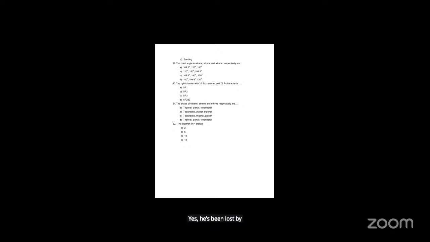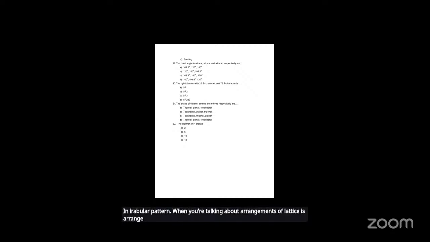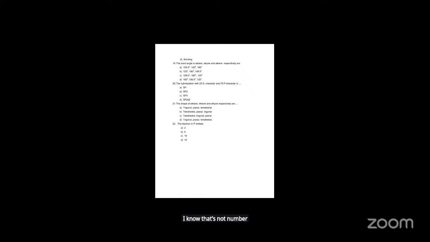In metallic bonding, you are arranging so many things because there are more than one ions, in a regular pattern. Lattice is the arrangement of ions in a regular pattern. In ionic bond, you're talking about an atom transferring to another atom. So understand that, please be careful.